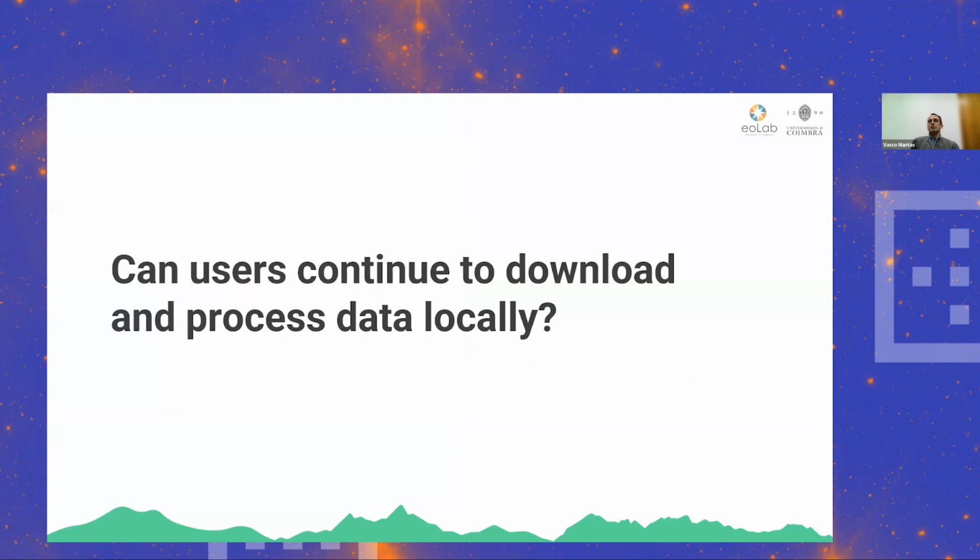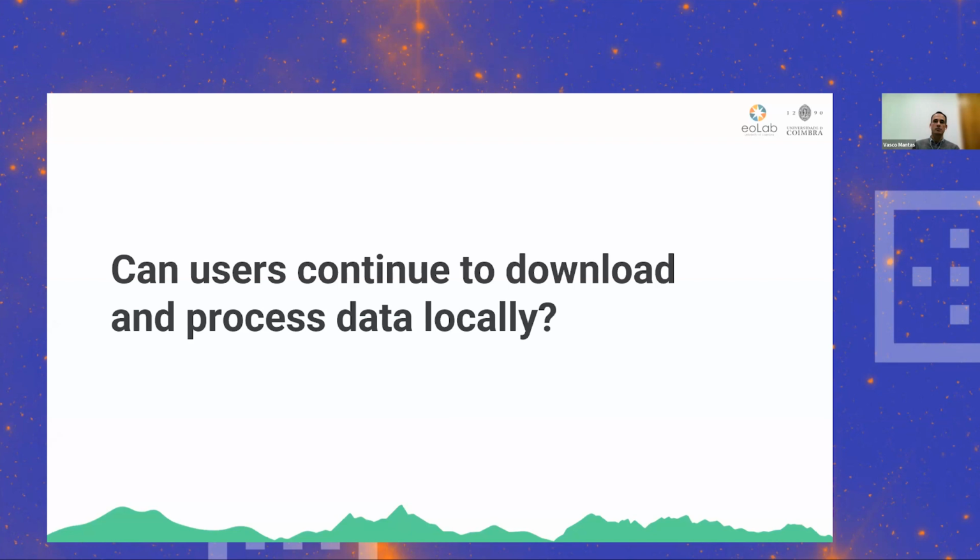So we need to ask ourselves, even if we would like to continue using our local infrastructure, can we really do that? Is that realistic in an age where Earth observation data is becoming so available and so common for multiple constellations?